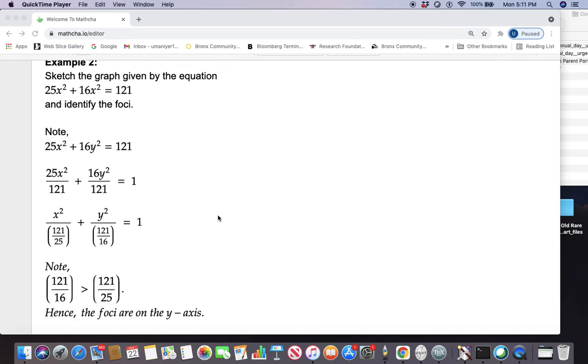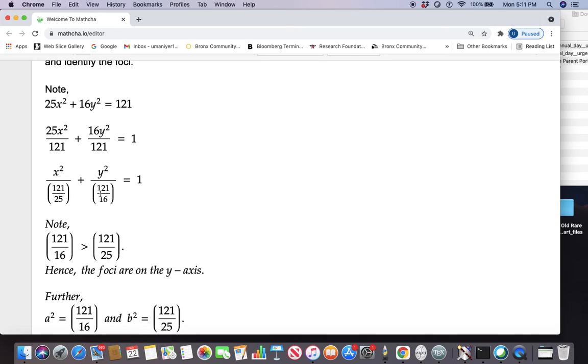Let's look at an example. Sketch the graph given by the equation 25x squared plus 16y squared equals 121. Identify the foci. Okay, so we need 1 here. So let's divide by 121. When you divide by 121, you get 25 over 121.